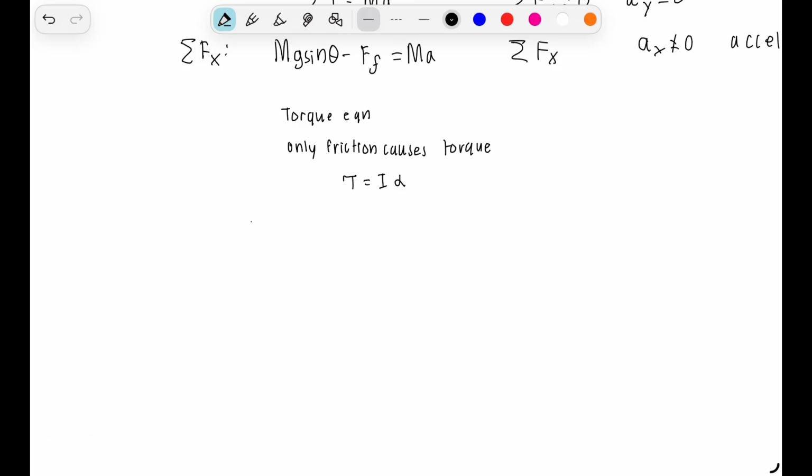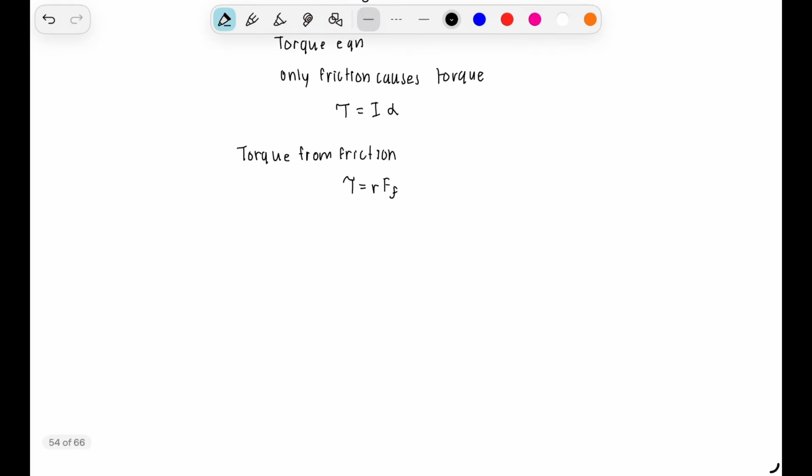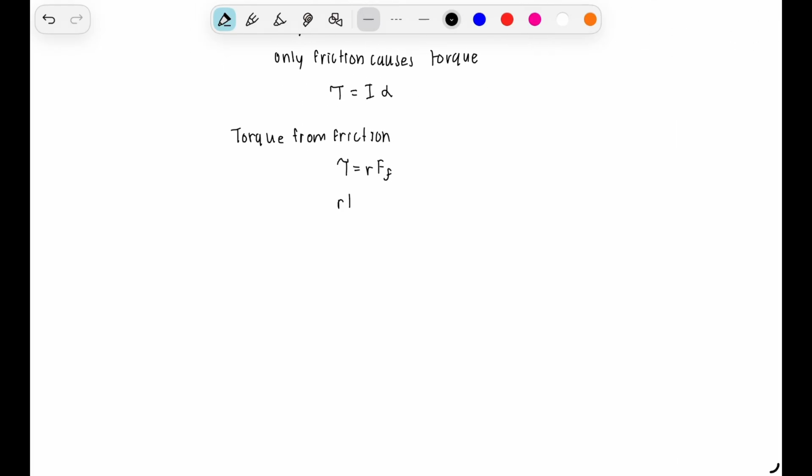Now, you can write your torque from friction. So your torque is going to equal your lever arm times your force of friction. Therefore, R times your force of friction is equal to your moment of inertia times your angular acceleration. Which this is just one string.